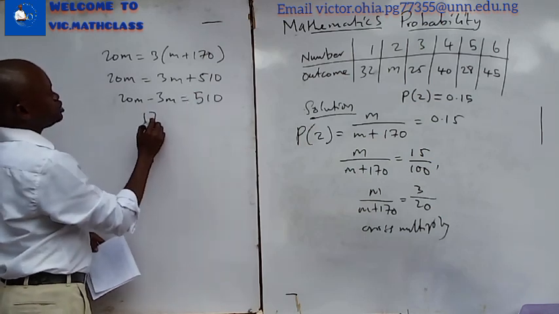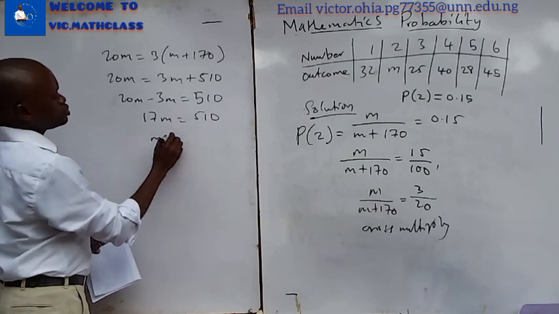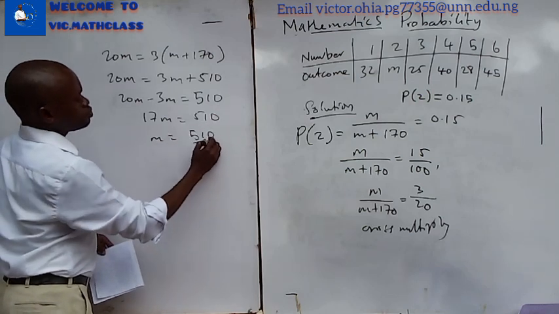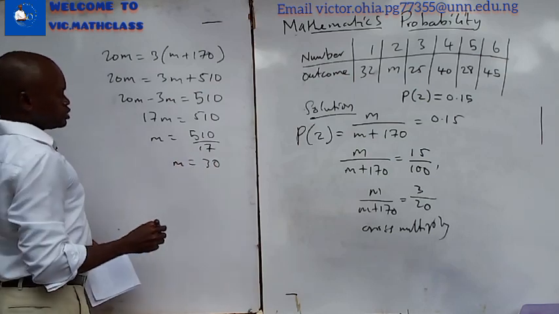So we have 17m equals 510, so m equals 510 over 17, and m equals 30, right?